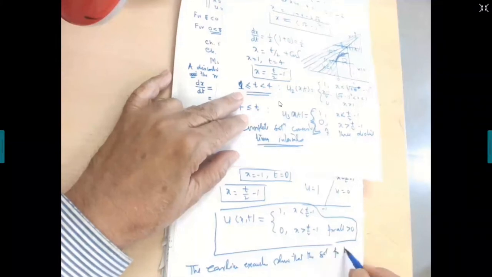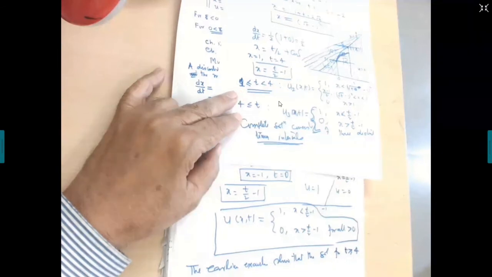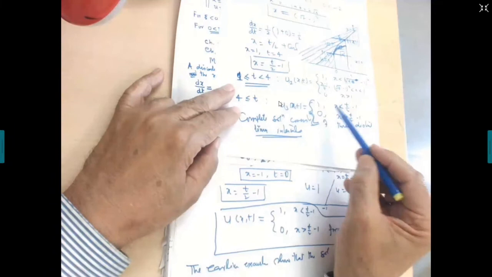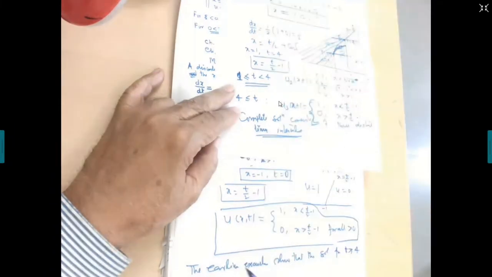What is the solution for t greater than or equal to 4? This is the solution eventually. After time 4, this is the solution.